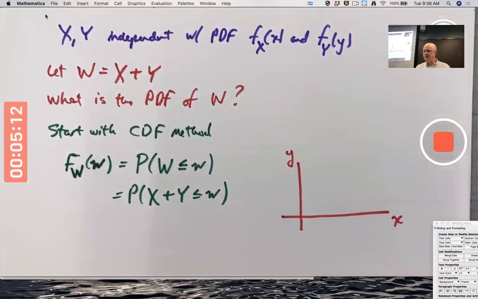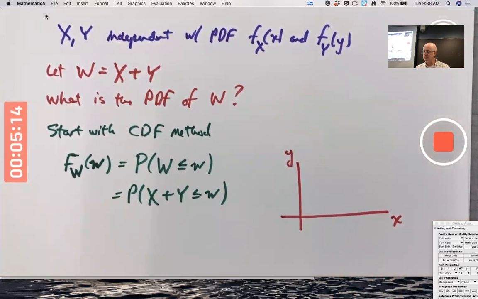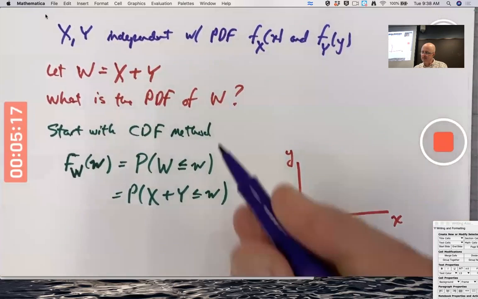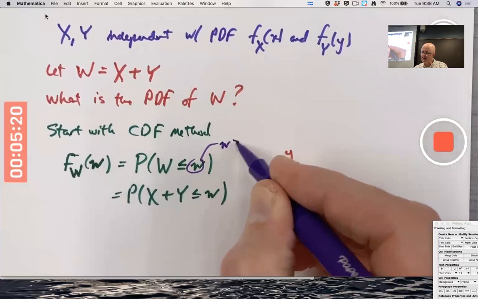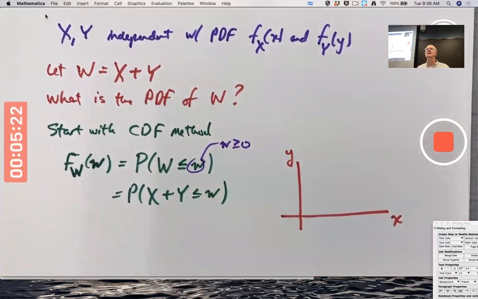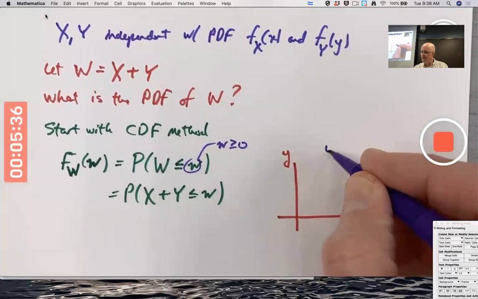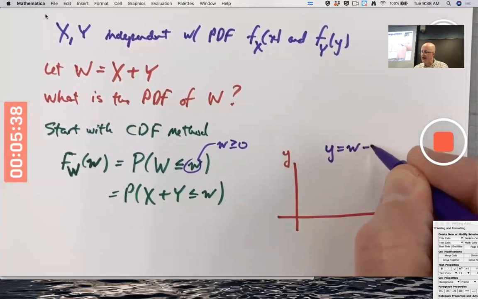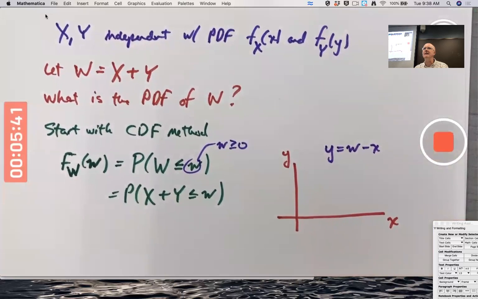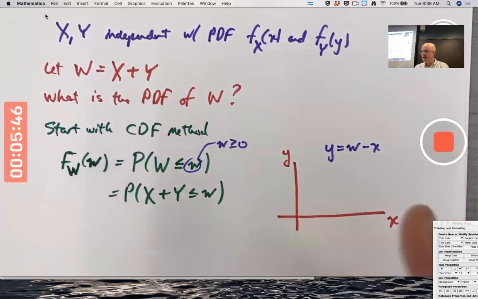What's W? W is just some non-negative number. Little w is some number greater than or equal to 0. What does it mean for X plus Y to be less than or equal to little w? It means if you draw the line Y equals little w minus X in this plane, you're at a point below that line.